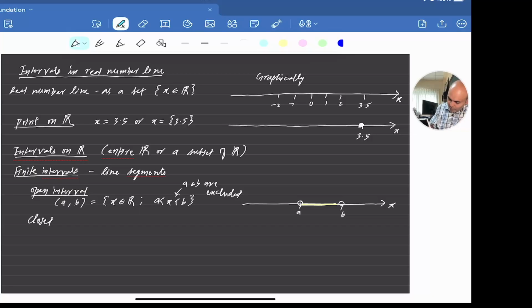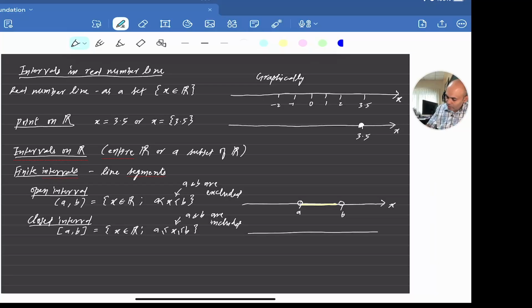Closed interval, which is denoted by square brackets. And we write it as a set X belongs to R such that X is greater than or equal to A, less than or equal to B. So here in this notation, A and B are included.